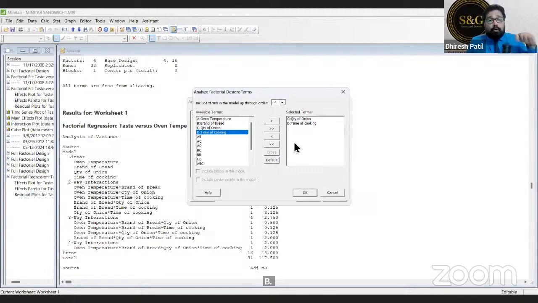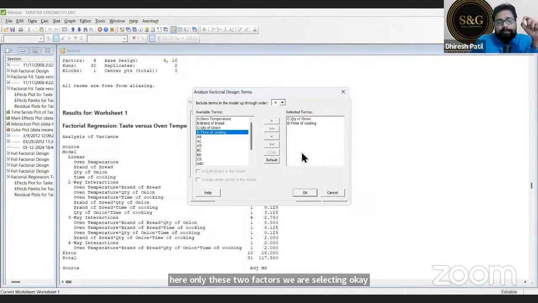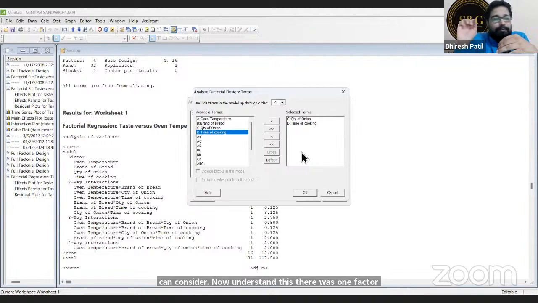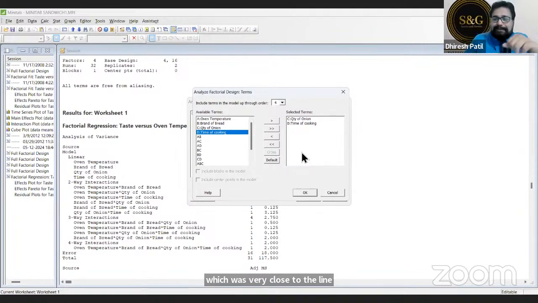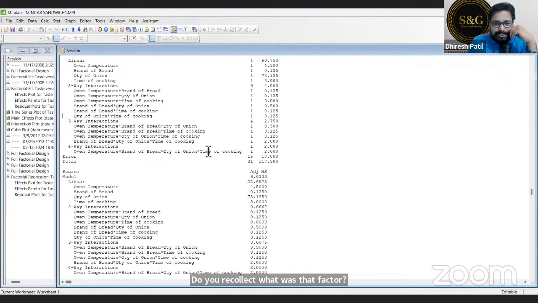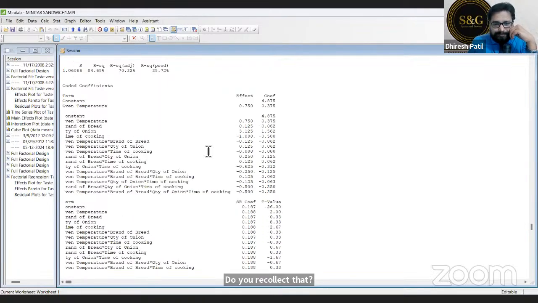Now, some of you can consider this. There was one factor which was very close to the line, very close to 0.05. Do you recollect what that factor was?